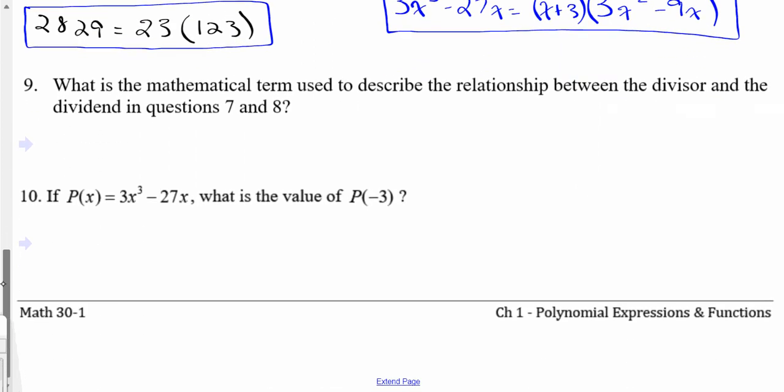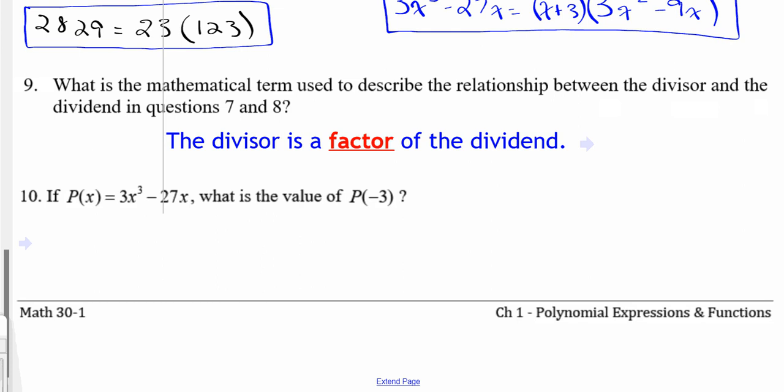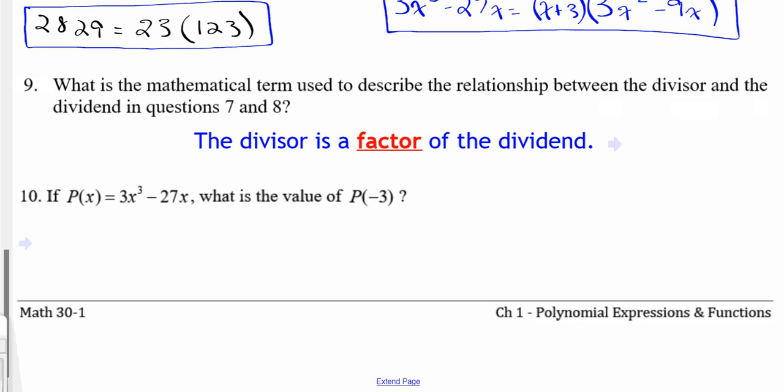Question number 9, what's the term that we use to describe, for example, this 23 and 123? How do they relate to the 2,829? We say they are something of 2,829. Factors. Yes, they are factors. So the divisor is a factor of the dividend.